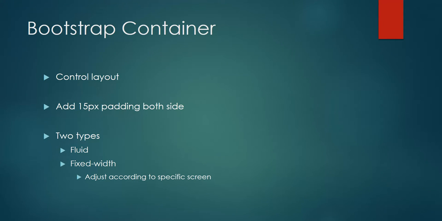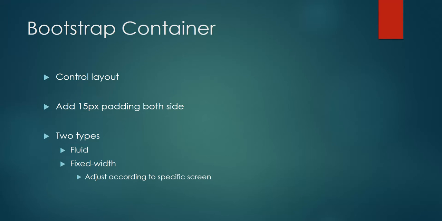There are two types of container Bootstrap includes, that is fluid and fixed width container. I'll be taking you through a live example of what fixed width and fluid container are all about, because both take 15 pixel padding from left and right side. The difference we're going to talk about in my live example.